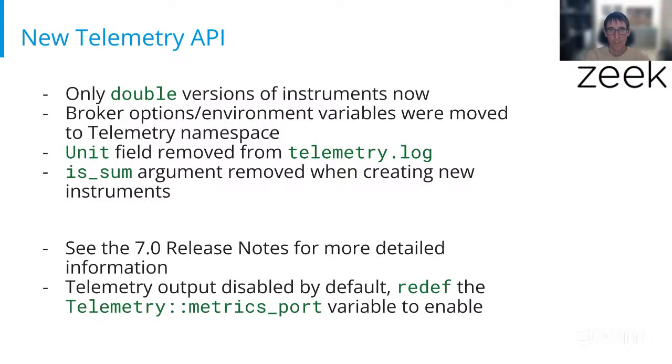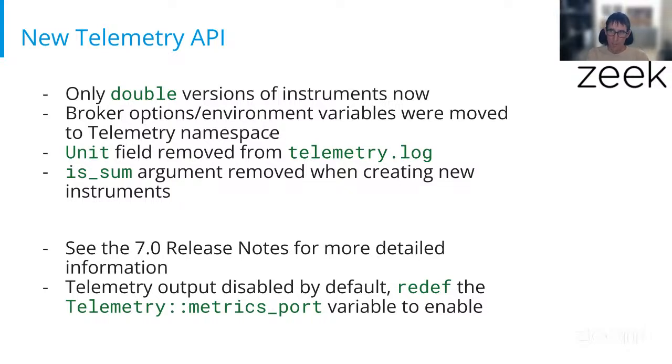So at that point, if you're never setting it to anything, it doesn't need to exist. See the 7.0 release notes for more detailed information on what's changed. It spells out each individual one of these bullets in greater detail, the specific options and things that were changed.